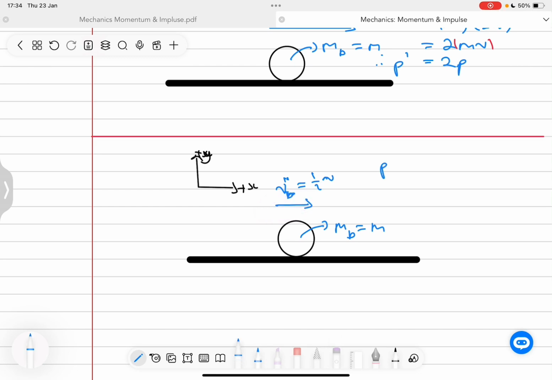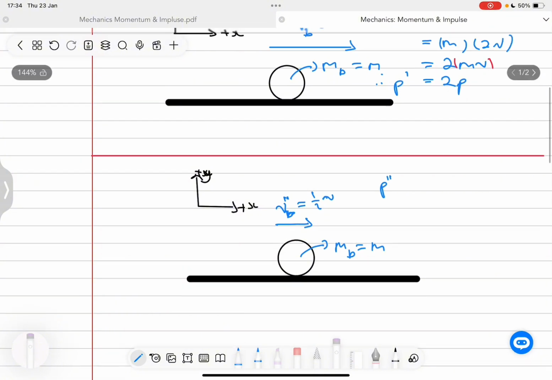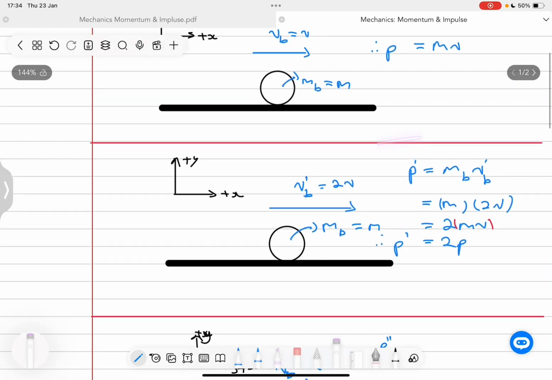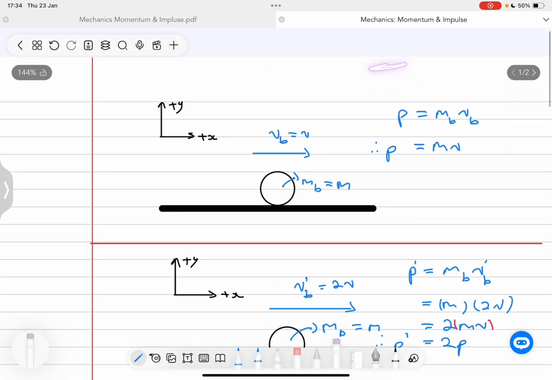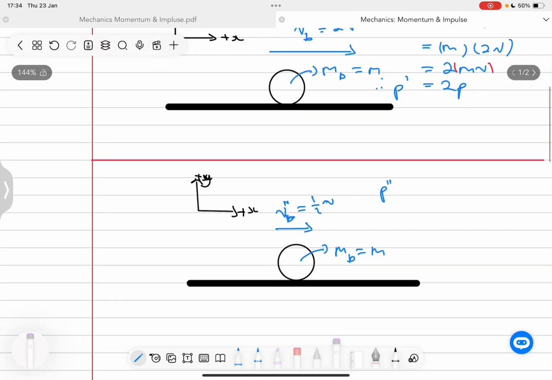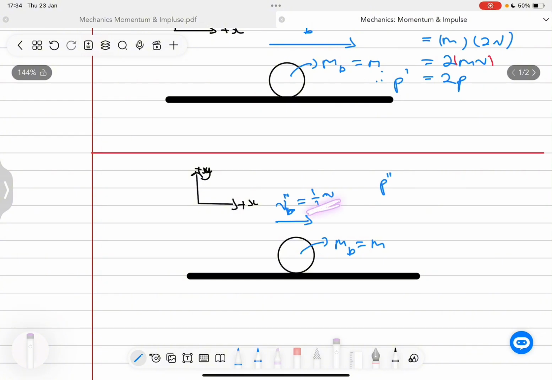Now, in this case, if I were to calculate my momentum, it's going to be p double prime. To say that it's a new momentum, it's not going to be the same as here. It's also not going to be the same as in the first scenario because our velocity has been halved. Now, according to our formula, this has to be the product of mass and velocity, the mass of the ball times the velocity of the ball.